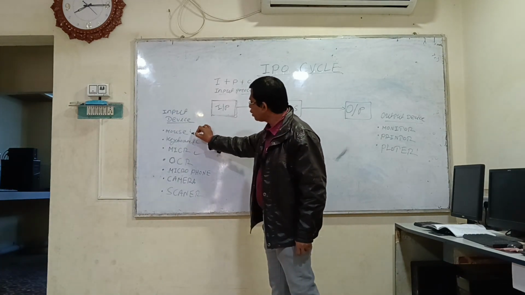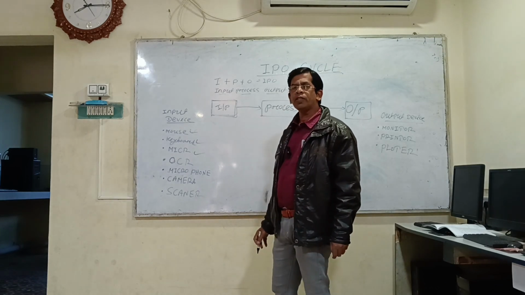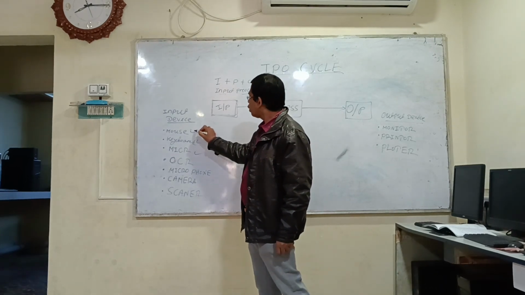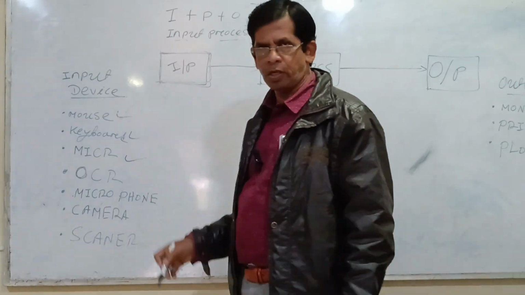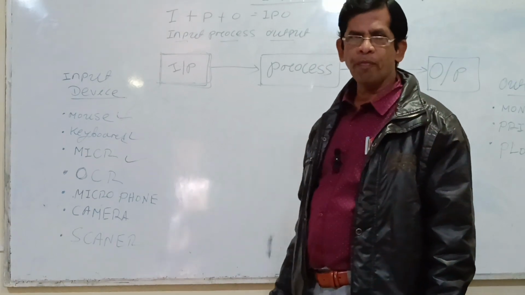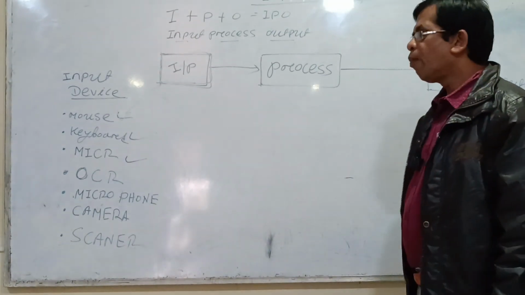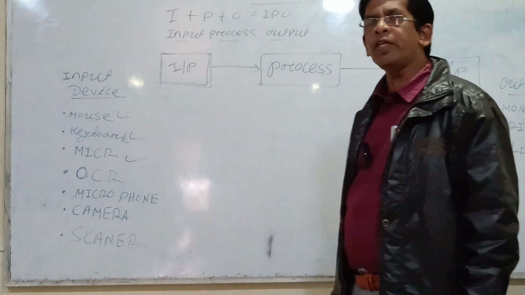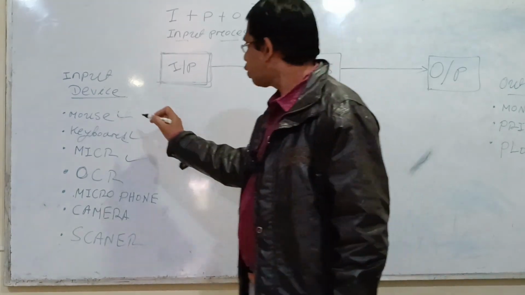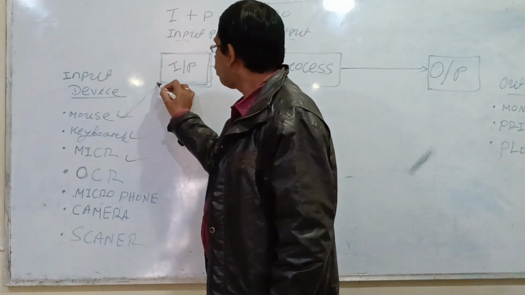So when I give an instruction to an input device, the instruction reaches the input section of the computer. Mouse is an input device which gives instructions to the computer.